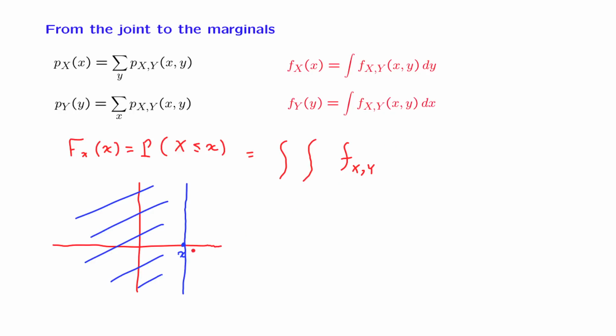Now, since we've used the symbol x here to mean something specific, let us use different symbols for the dummy variables that we will use in the integration. And we need to integrate with respect to the two variables, let's say with respect to t and with respect to s. The variable t can be anything.